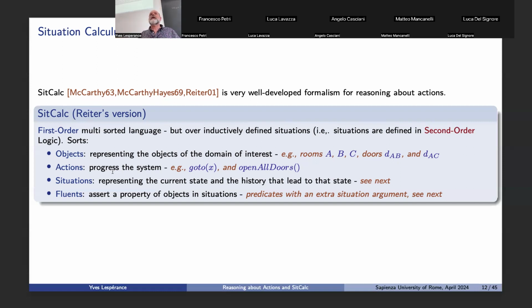These are operations that take the system from one situation to another situation. They are represented by function symbols that may take arguments. So go to X is an action. Open all doors is an action.